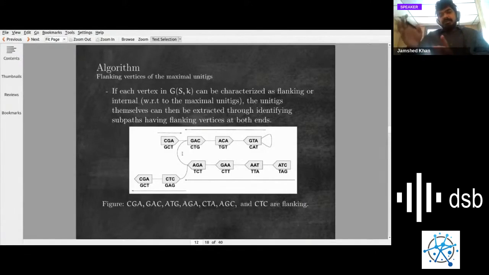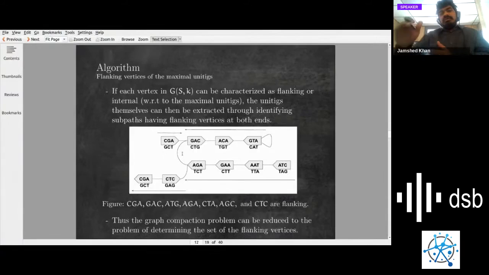That is, if a subpath starts with a flanking vertex and ends with a flanking vertex, then it corresponds to a maximal unitig. So this observation reduces the problem of graph compaction to the problem of determining the set of flanking vertices.